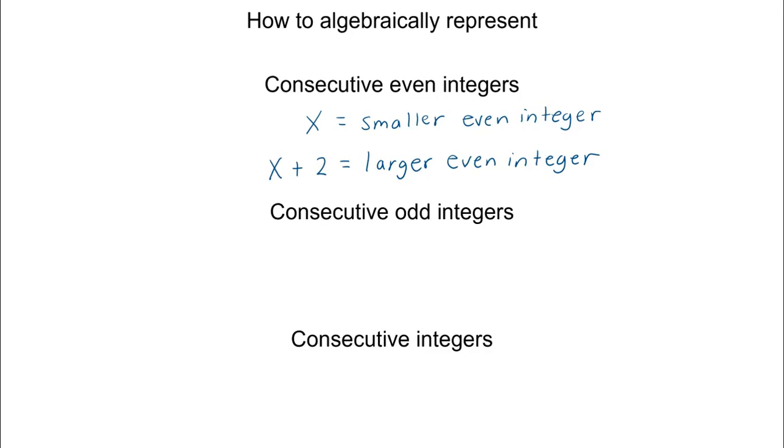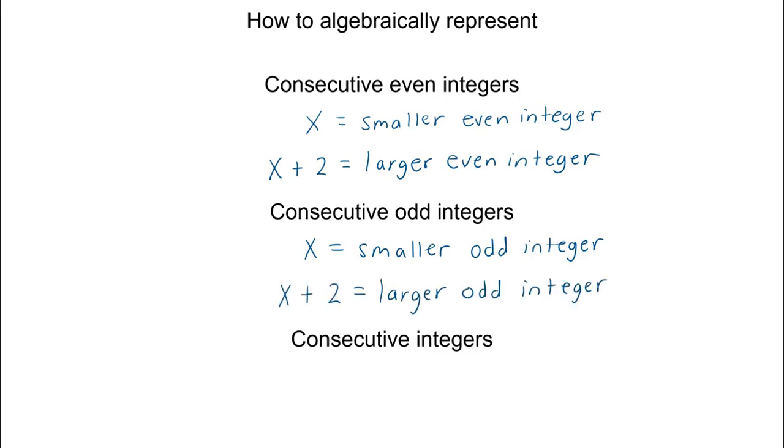What about consecutive odd integers? Well, just as we did with the consecutive even integers, we're going to let x represent the smaller odd integer. Now think about how far apart odd integers are from each other on the number line. Numbers like 3, 5, 7, 9, 11. Each odd integer is 2 units away from the next consecutive odd integer on the number line.